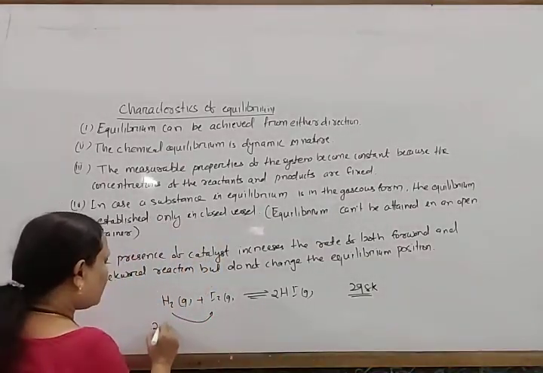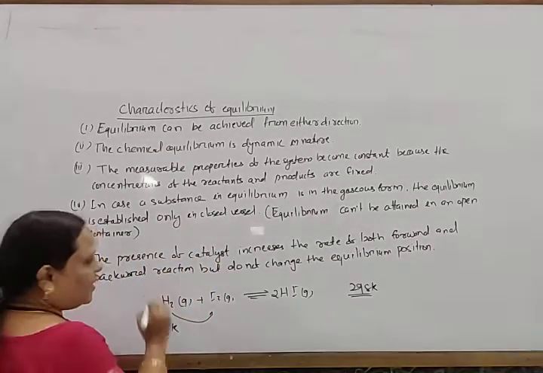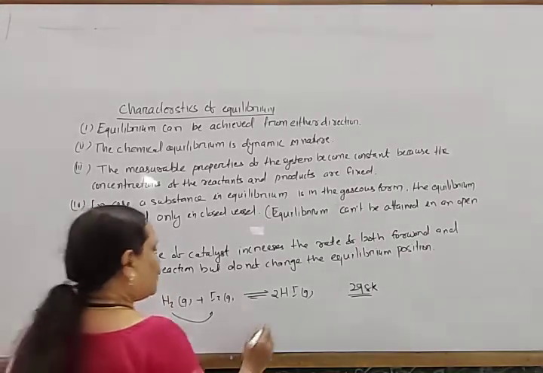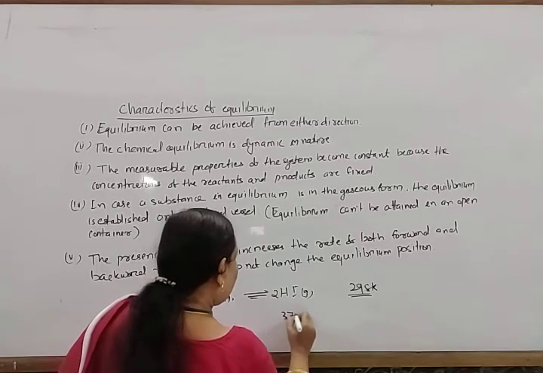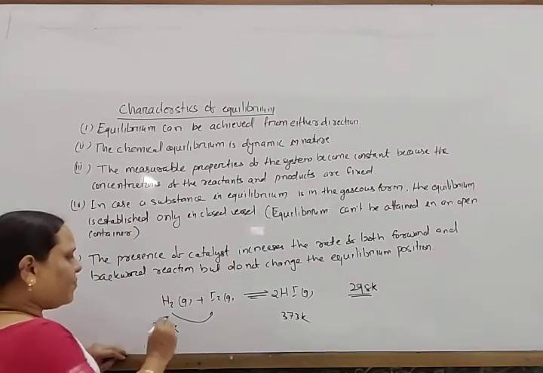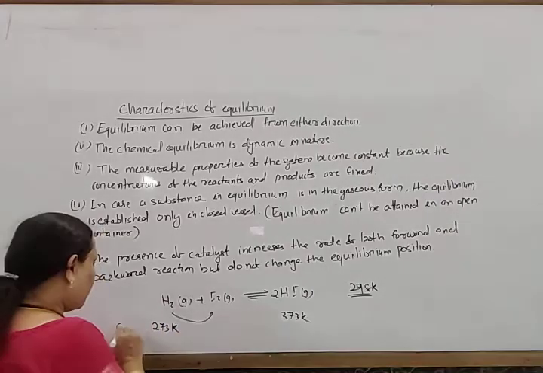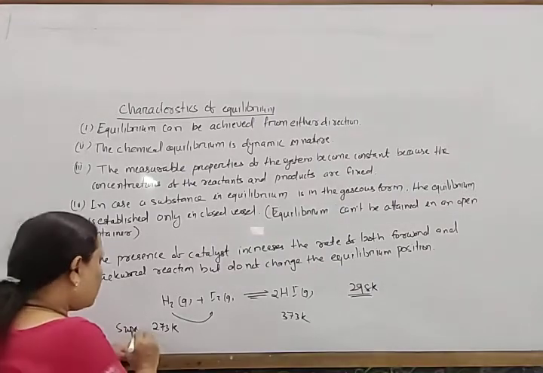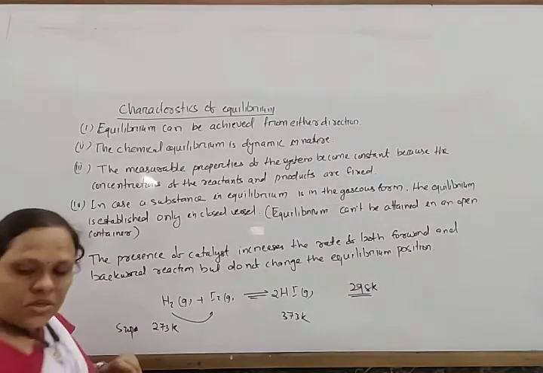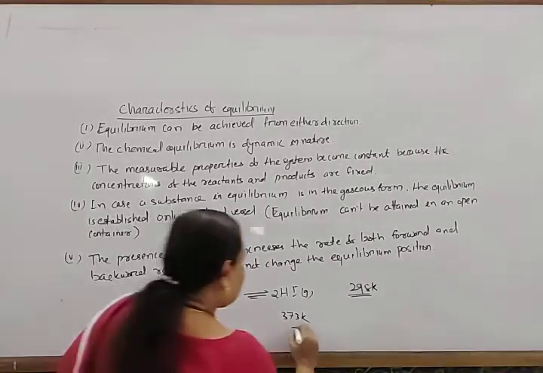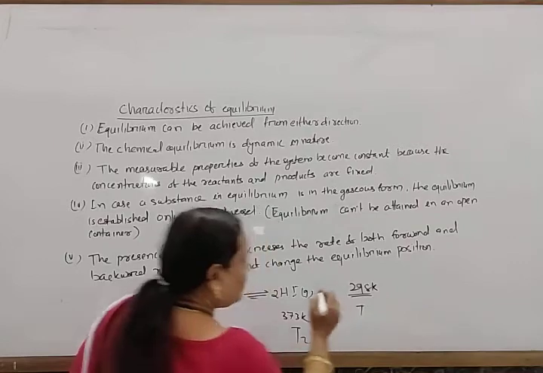So the temperature here is 273 Kelvin, and here, suppose for 2HI, the temperature is 373 Kelvin. So in this way, either you start from H2 and I2. This is just supposed. Okay. Suppose this is T1, this is T2, and the equilibrium is achieved at T.